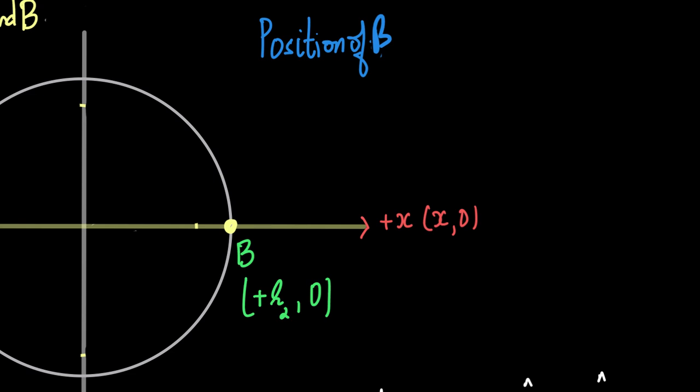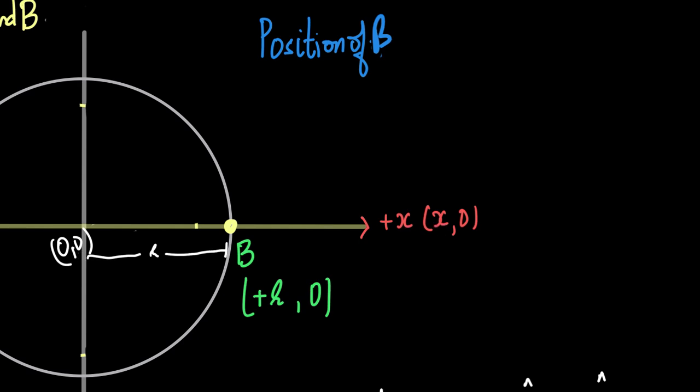And since the center here is origin, the coordinate of B is r2 comma 0. Why? Because the length of the path is r, which is the radius of the circle. Therefore, r2 can safely be assumed as r, right? So we have OB measuring r.